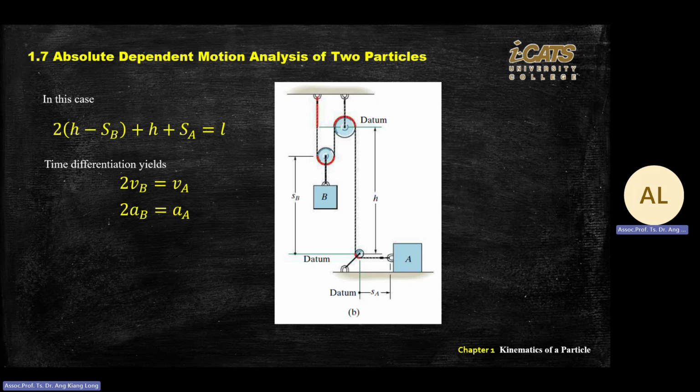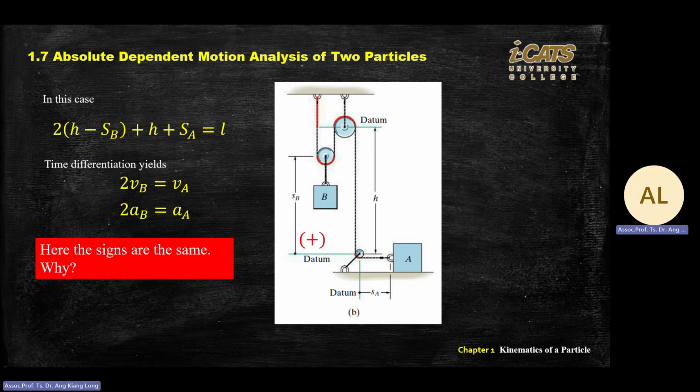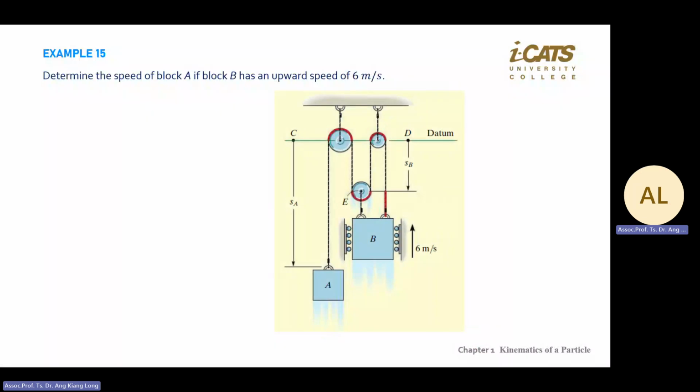So the positive or negative sign is referring to the datum. Once you understand this, I'll show you one tutorial question. You should be able to answer why they are the same, because the motion is following the datum direction. All right. Now observe the tutorial question, and then we can dismiss the class and see you tomorrow.